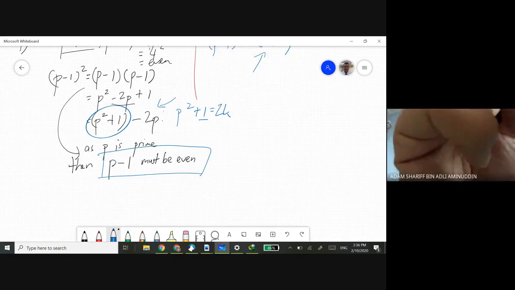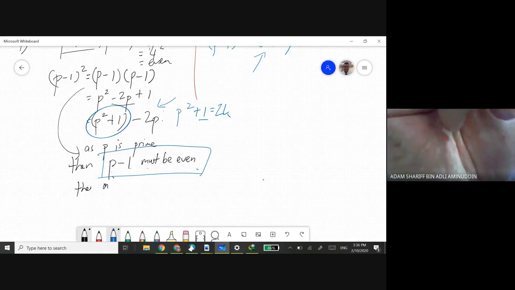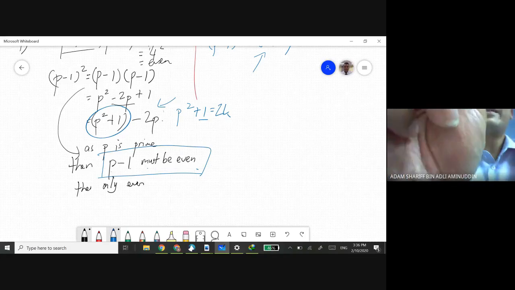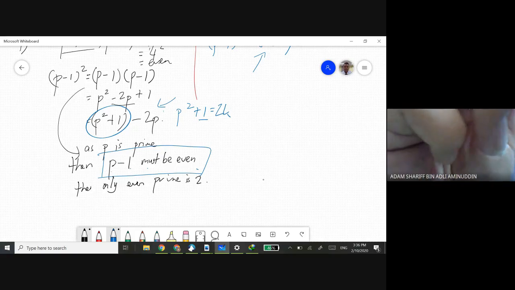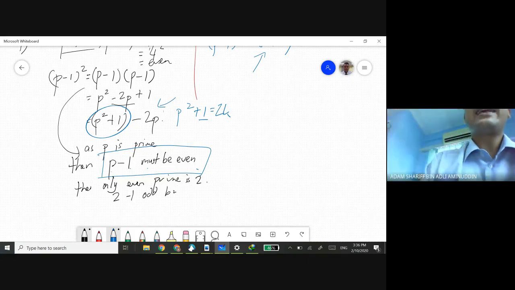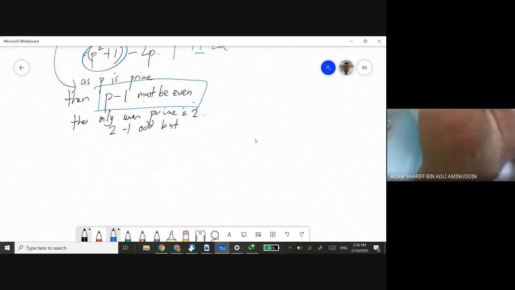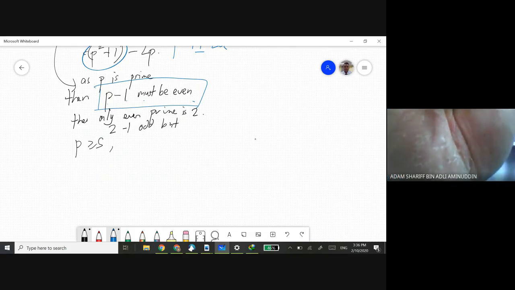My reasoning why p minus 1 must be even: the only even prime is 2. So 2 minus 1 is odd. But it states here that p larger than 5. If p larger than 5, all p larger than 5 is odd.